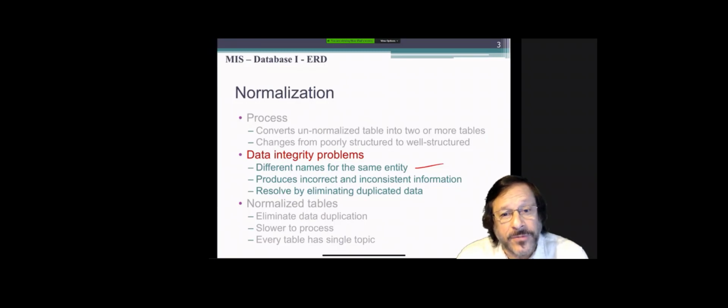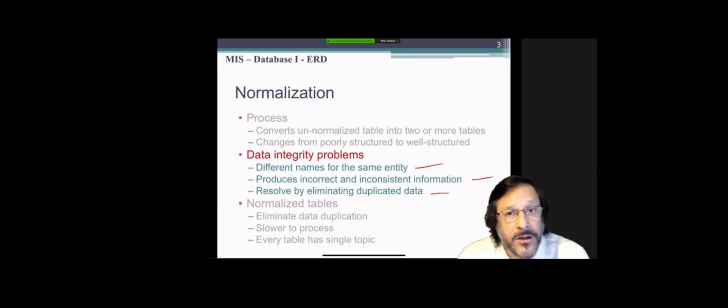This is going to produce incorrect and inconsistent data information. Give me all the weights in grams, and you type in GRAMS. Well, the computer is not going to be able to differentiate and will only pick up the ones entered in that way.